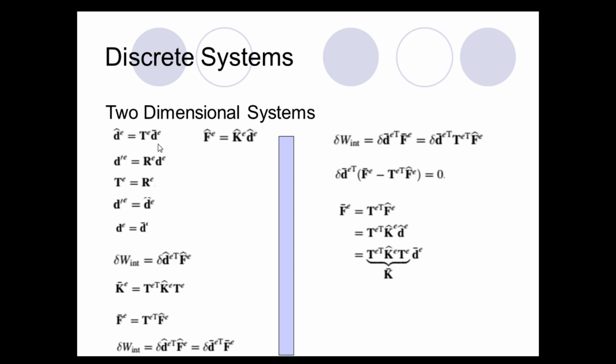Now let's consider a fictitious system. Any system with a given displacement, d bar e, and we will convert this into another coordinate system, and in that coordinate system our displacements are d hat. This is just an assumption. I'm just creating a fictitious system. Now, therefore, I will have a transformation matrix Te.